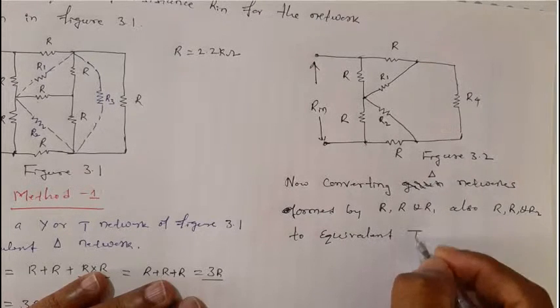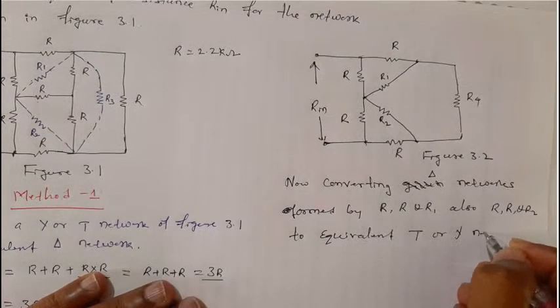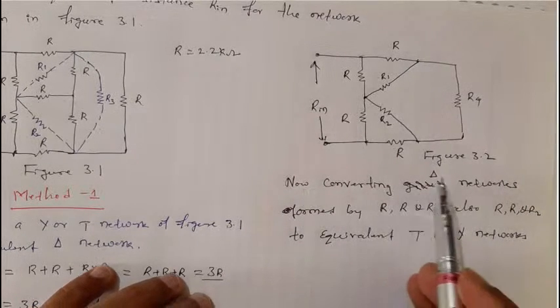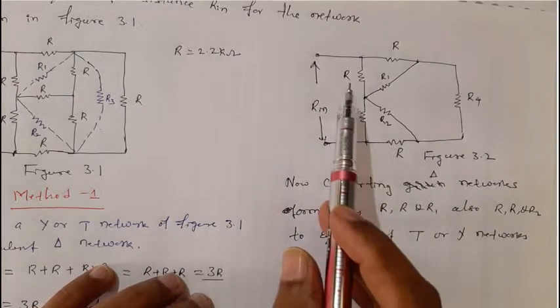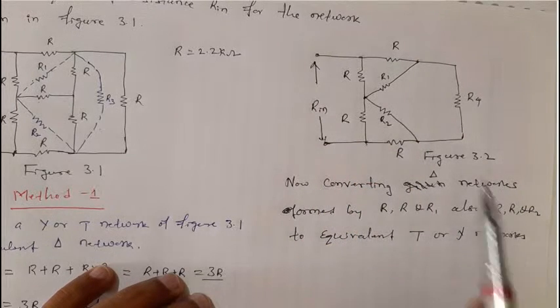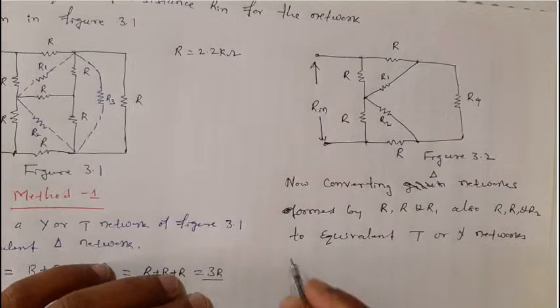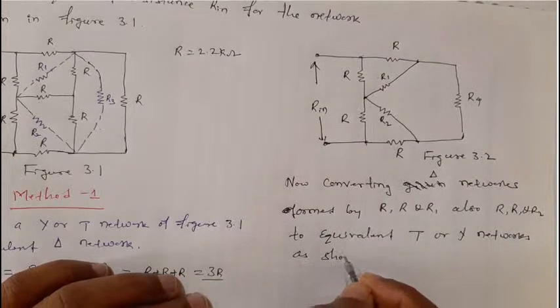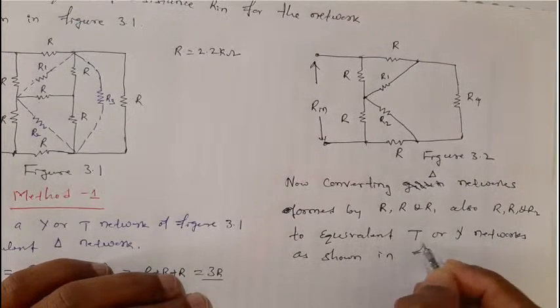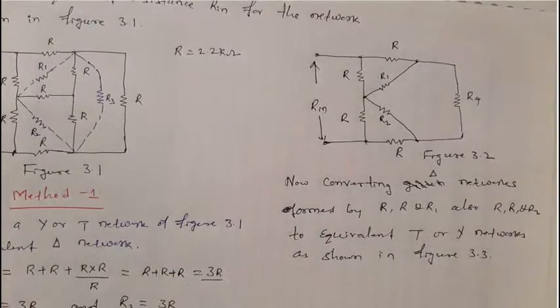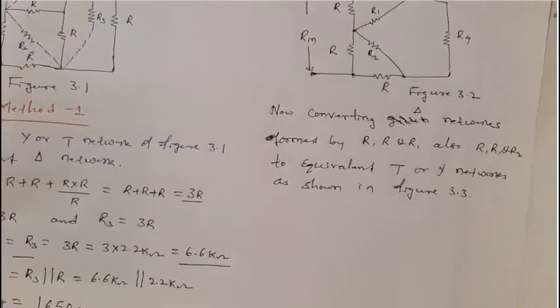Y or T network, T or Y networks, right? So now converting delta networks formed by R1, also R2, to equivalent T or Y networks as shown in figure 3.3, right? So let me draw that figure.